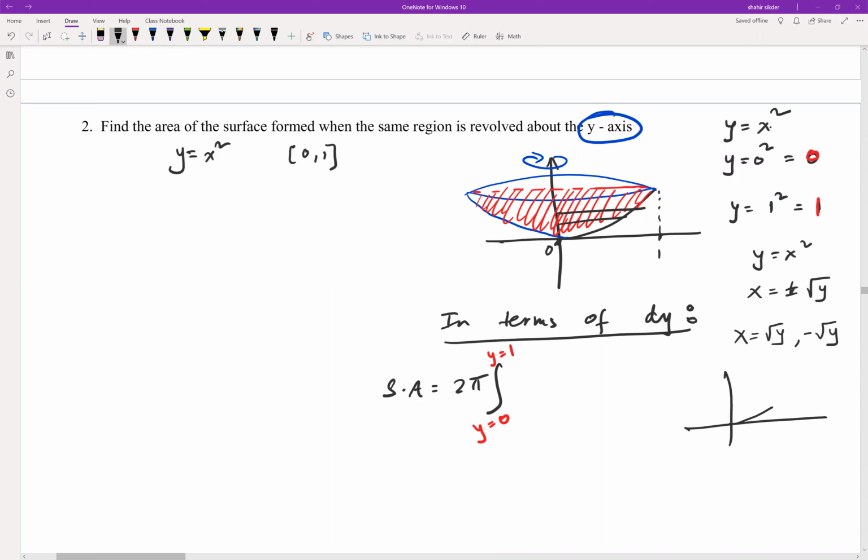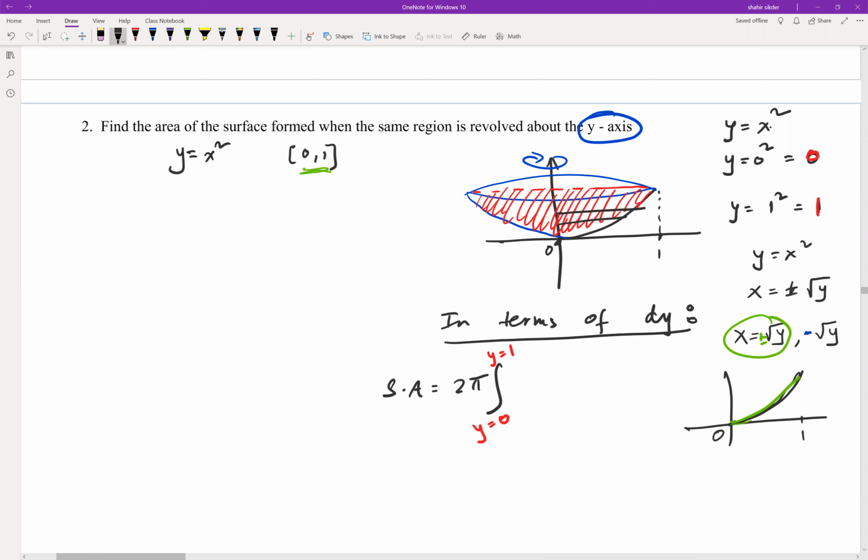This really looks like this because we were going from 0 through 1. This right here is the positive root. If the question asked for a negative, then I would have picked this one. The question's bounds were given from 0 through 1. It wasn't given a negative, so I'm going to pick this one right here. I hope that makes sense. Because of that plus and minus, the graph got split into two. But originally the question's bounds were 0 through 1, which is on the right side. That's why we're taking the positive.